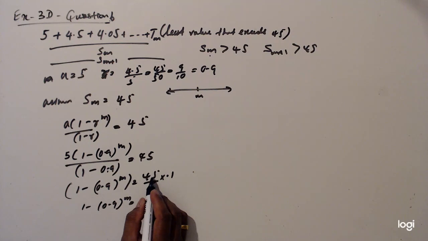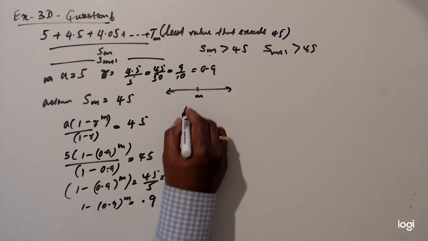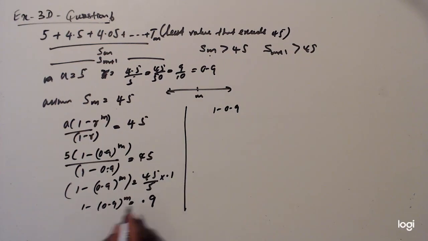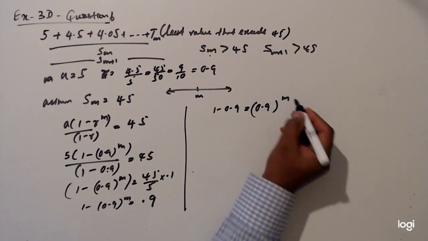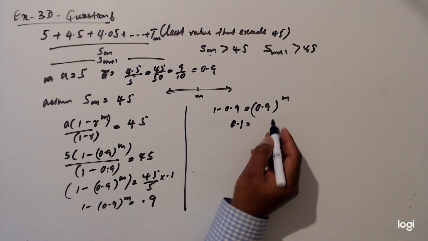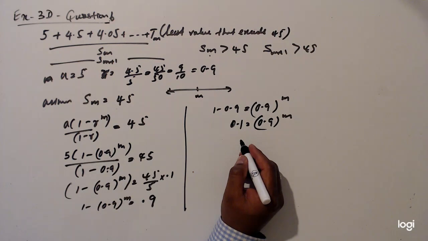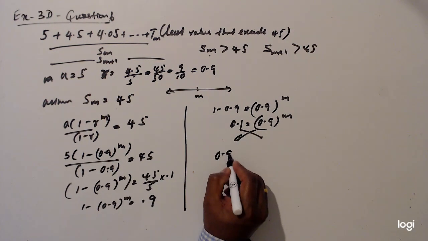This is 45 divided by 5, 9. 9 times 0.1, 0.9. So 1 minus 0.9 I'll bring to this one, and this is equal to 0.9 to the power m. So this is going to be 0.1 equals 0.9 to the power m, or the other way around. I will write this one here and this one here.